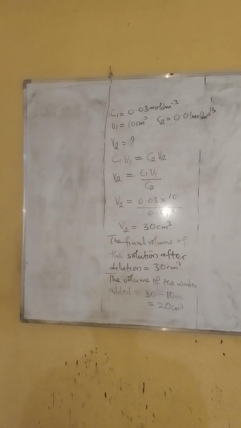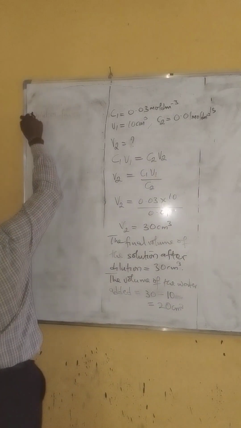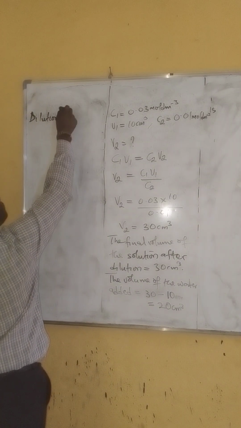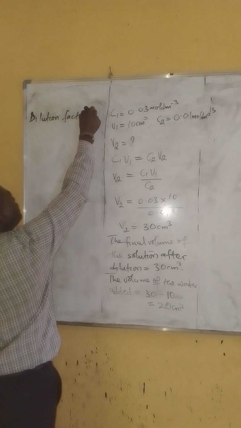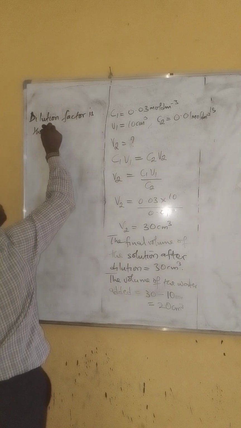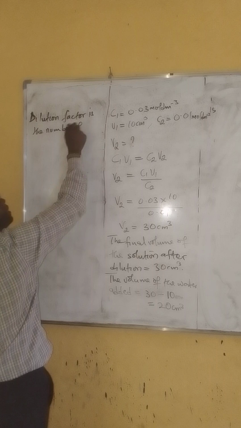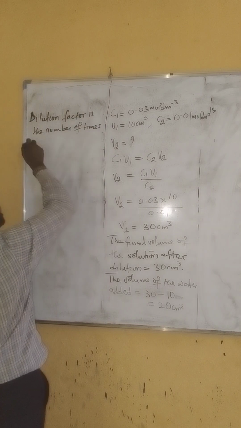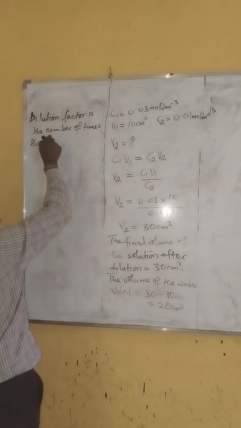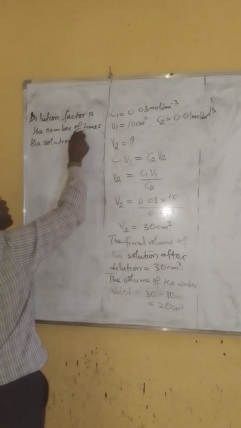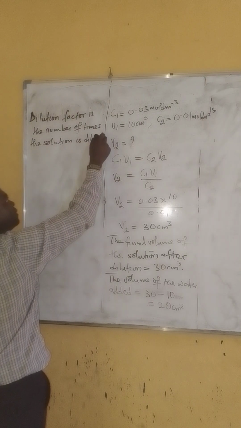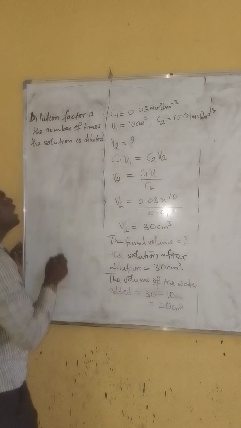What is dilution factor? Dilution factor is the number of times the solution is diluted. The number of times it is diluted. And there are two formulas to that.